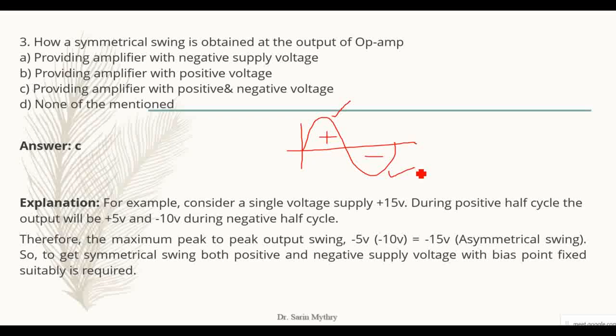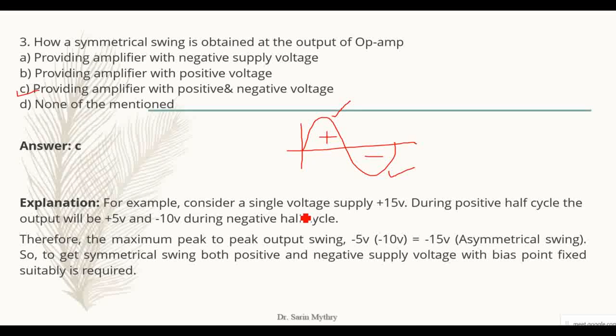Now let us see the explanation for this one. Why is the answer C? Why is C correct? See now, explanation. For example, consider a single voltage supply of plus 15 volts. During the positive half cycle, the output will be plus 5 volts and minus 10 volts during the negative half cycle.